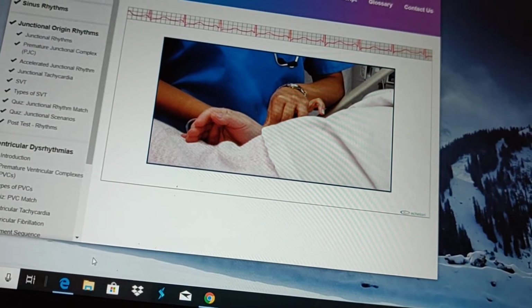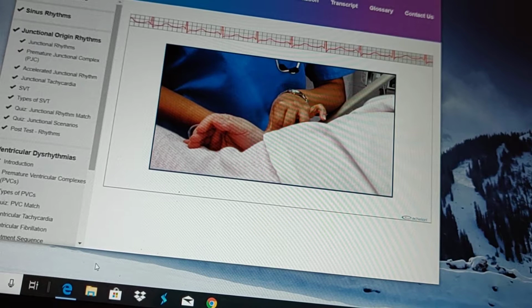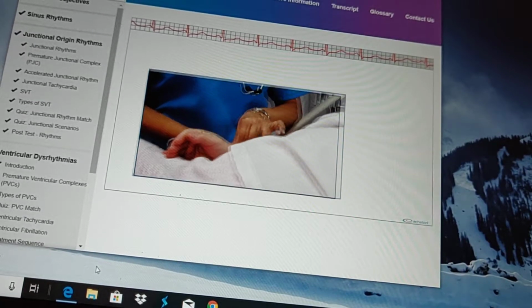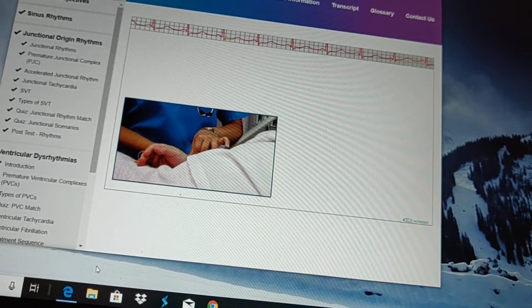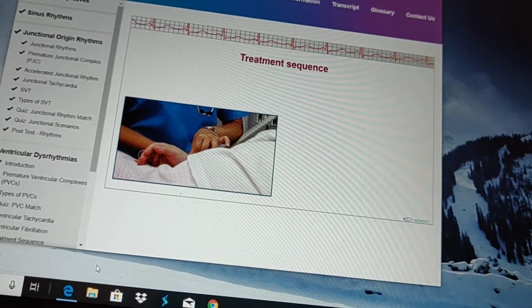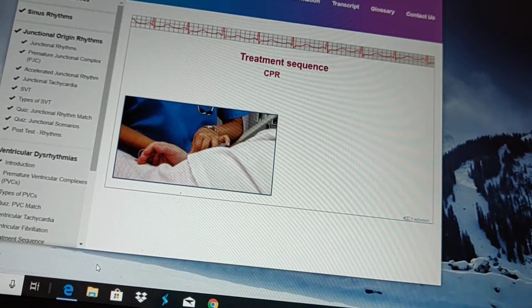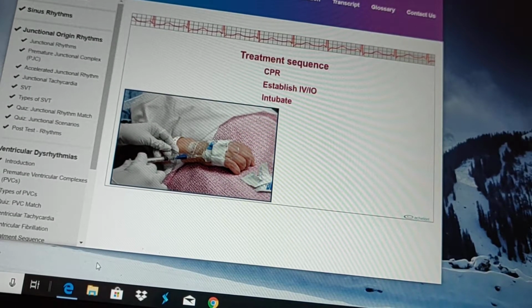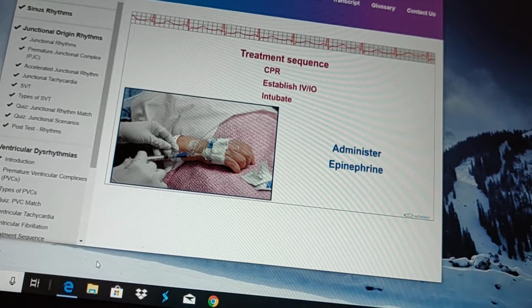Although it may seem like the effort would be meaningless, it is still important to go through the process and assess the patient. Determine and treat the cause if it's not too late. Treatment sequences include CPR, IV, IO, and intubate. Epinephrine should be administered.